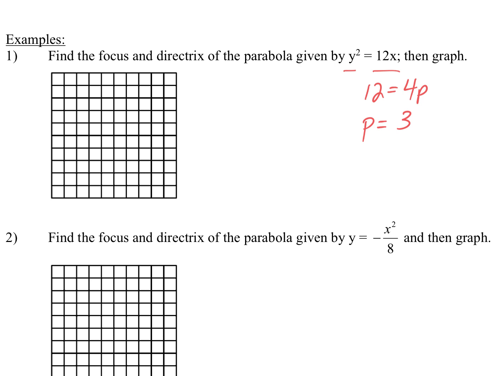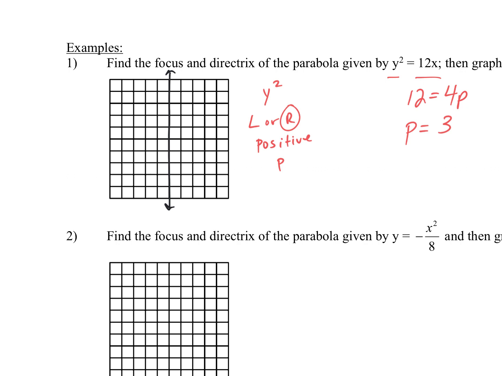So we can use all of this information. We have y squared, which means it opens left or right. We have a positive p, which means it opens in the positive direction, so our graph will open to the right. I'm going to sketch this in on my x and y axes here.